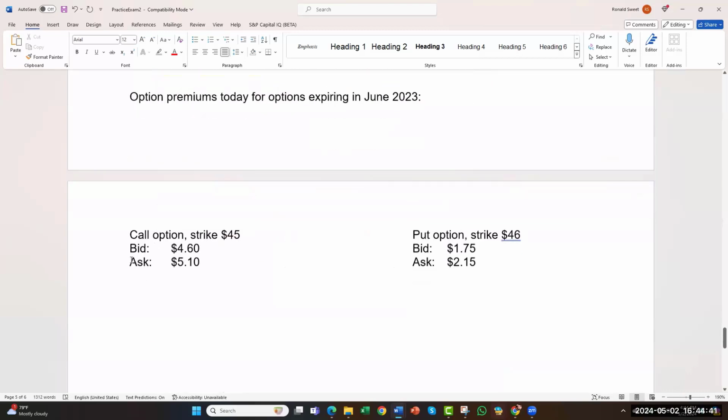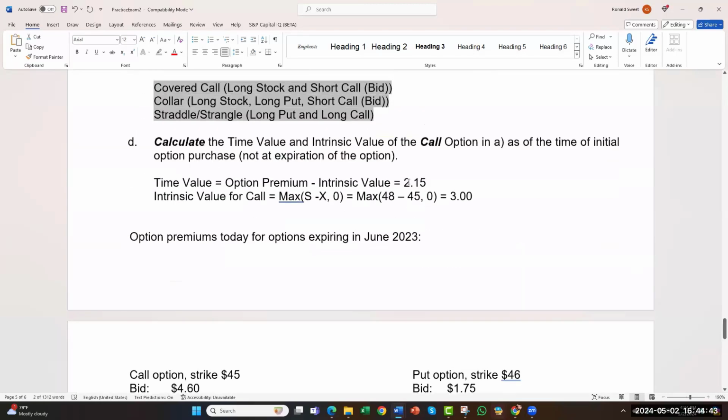Excuse me. All right, 5.10. Say, wow, we just violated the basic rule of option pricing. So 5.10 minus 3. Next up, time value of $2.10.